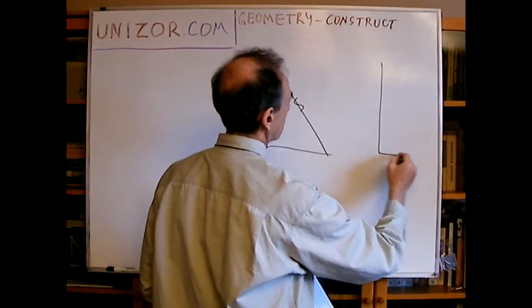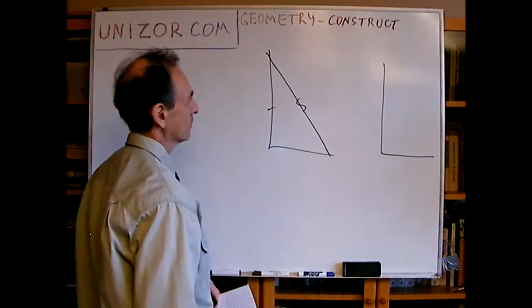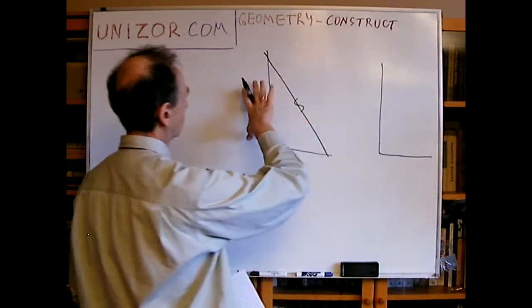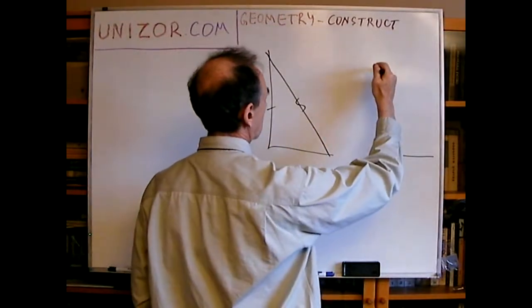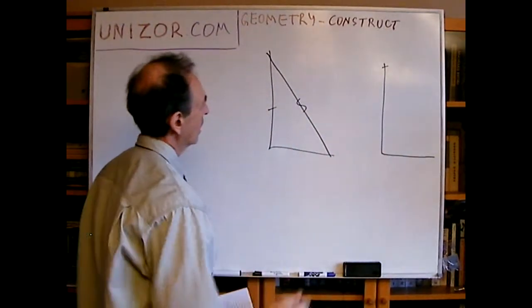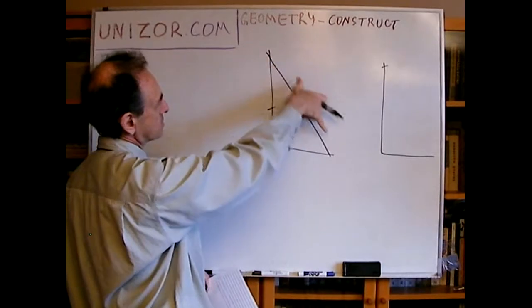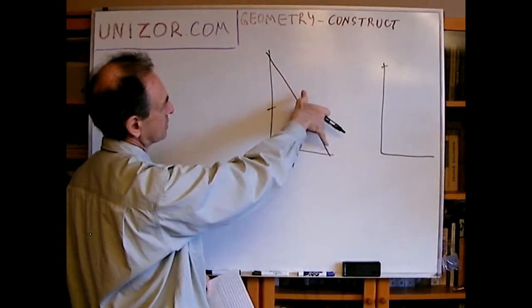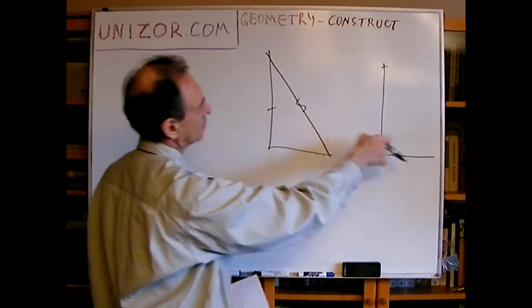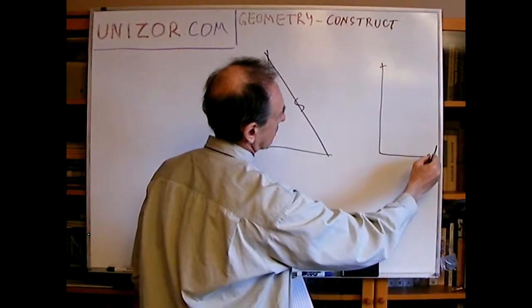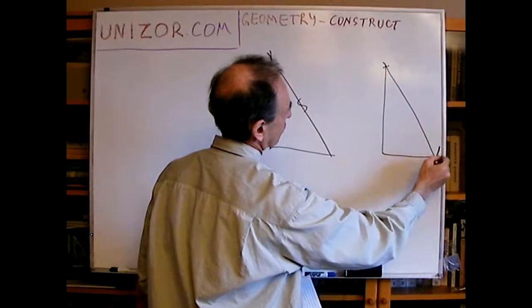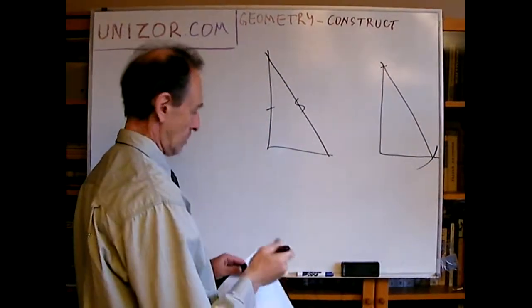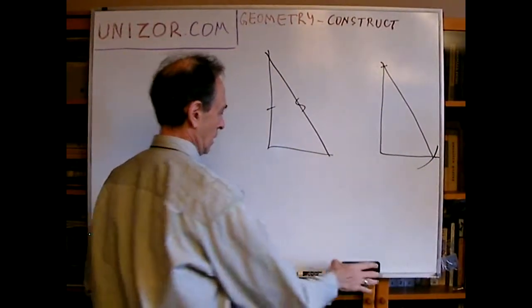Again, you start with the right angle. You use the compass to measure this particular side and mark the point here. Then using compass set to the hypotenuse, you basically mark the circle with this as the center, and wherever it crosses this line, that's our triangle.